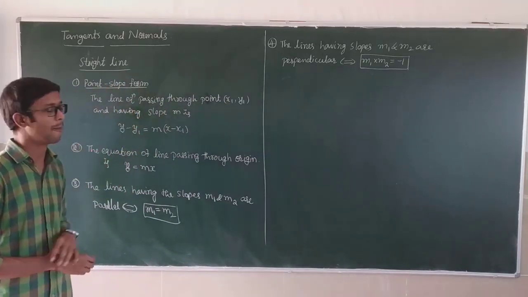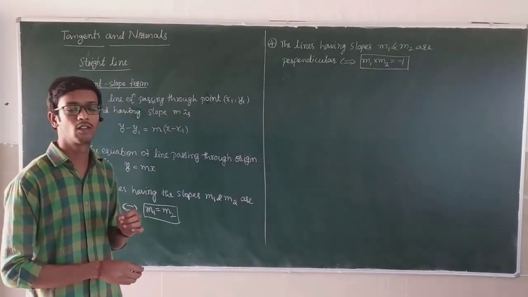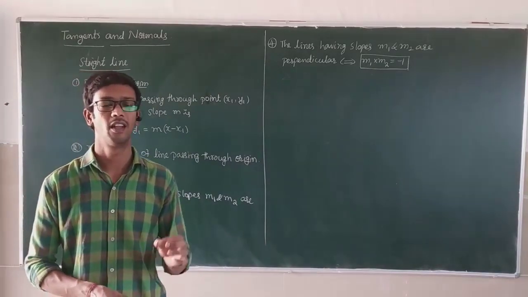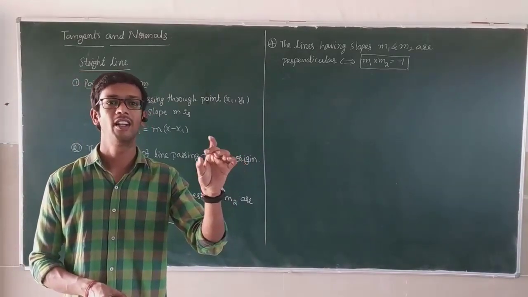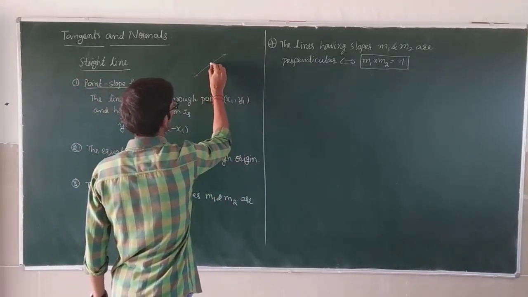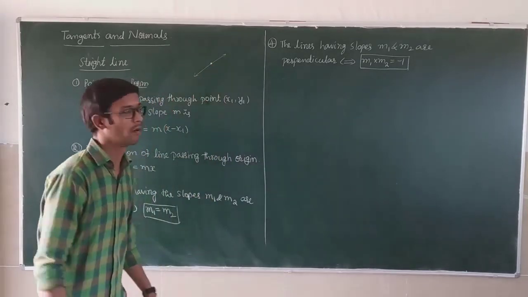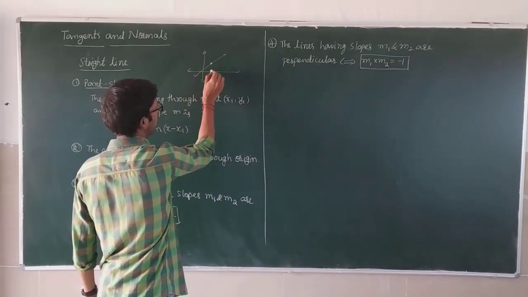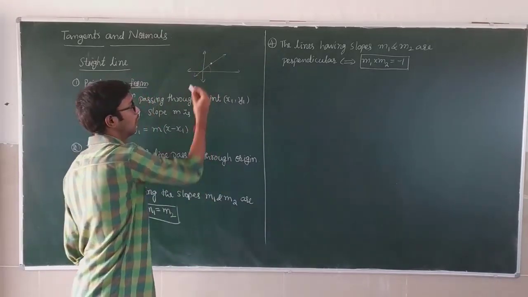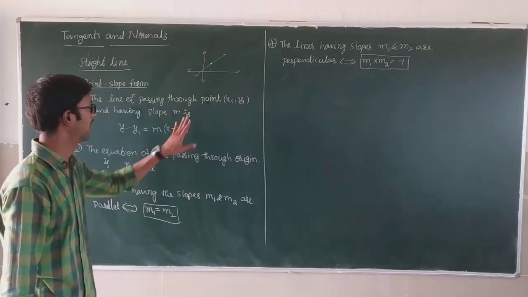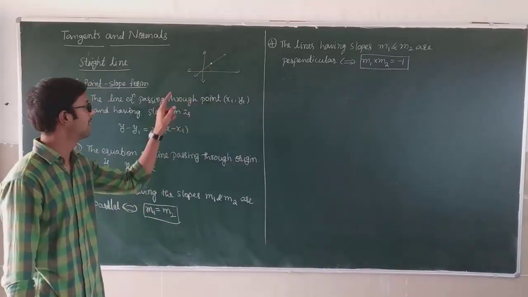Point slope form. That means a line with one point and a slope. For example, one line passing through the point (x1, y1) and having slope m, where m is equal to tan theta.